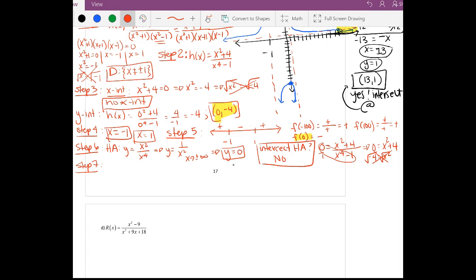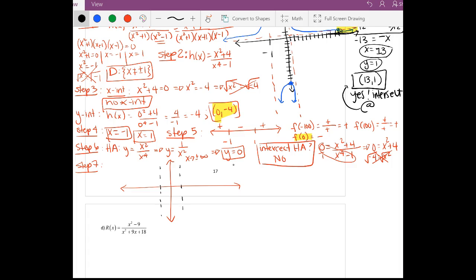Step 7, we're going to sketch it out now, so I'm hoping I have enough space. Okay, I'm just going to use a different color for my VAs. Okay, I have two VAs. They are at -1 and +1. I don't have any x-intercepts.